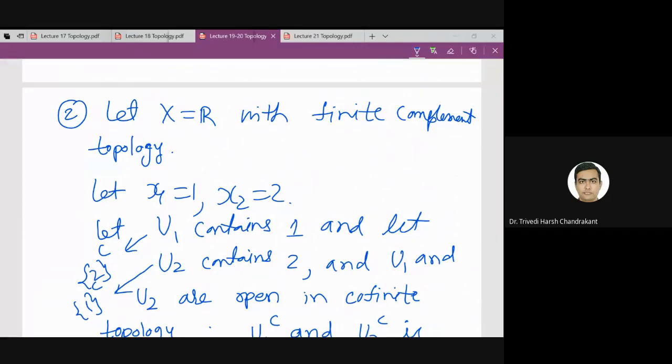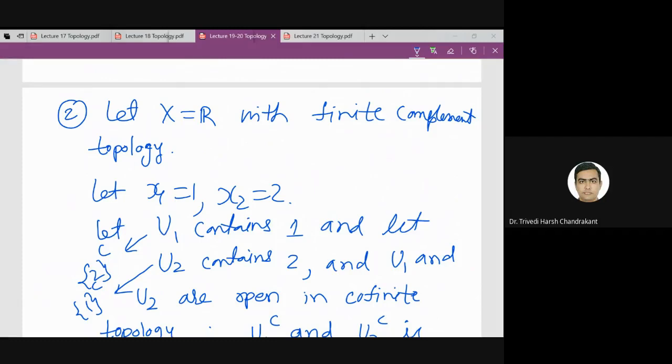So why is every finite subset closed here? Because we are discussing the cofinite topology.